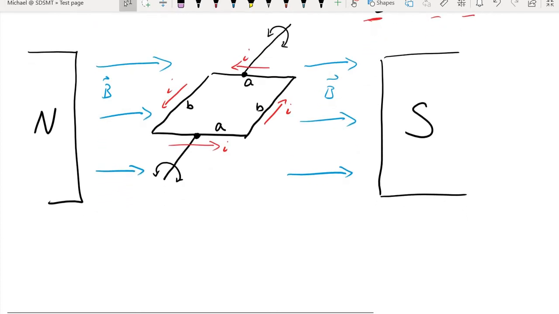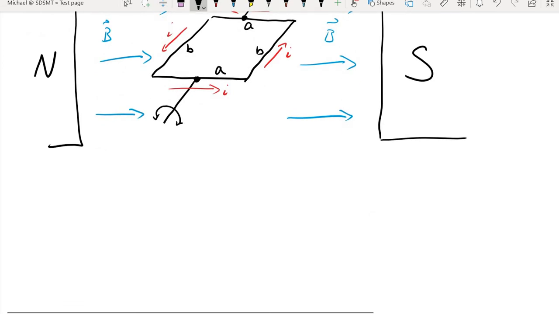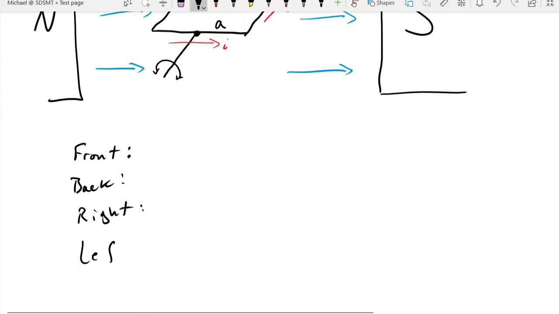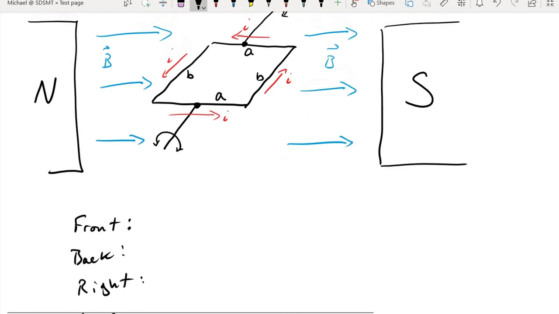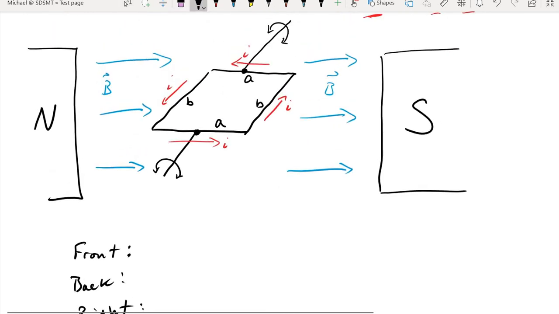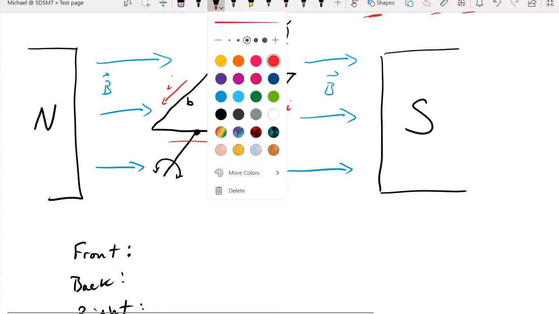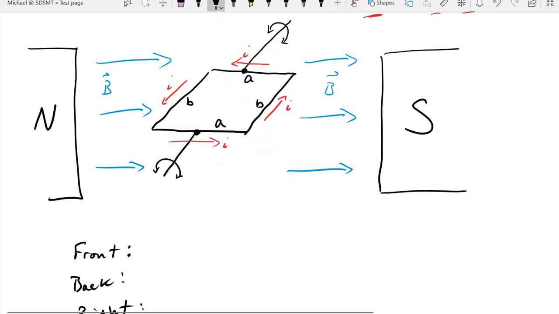And that way we can address what's going to happen to the front leg of the loop, the back leg, the right leg, and the left leg. So right here, this is the front leg, this is the back leg, this is the right leg, and this is the left leg.